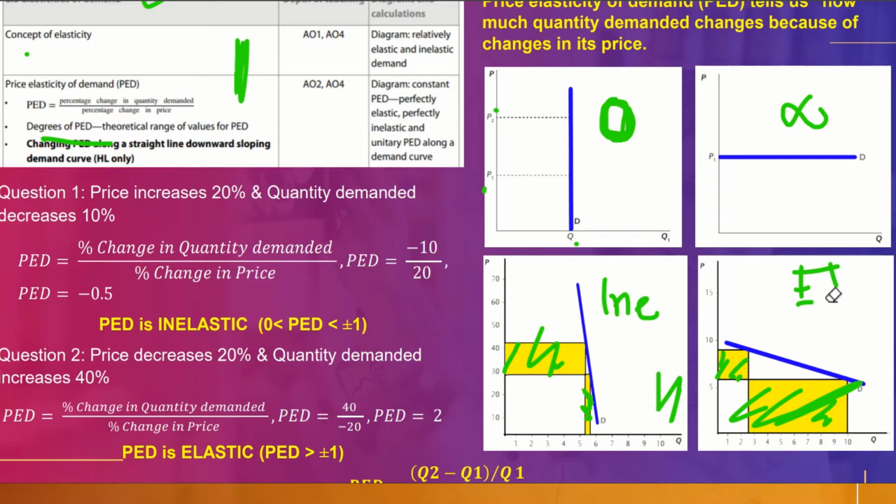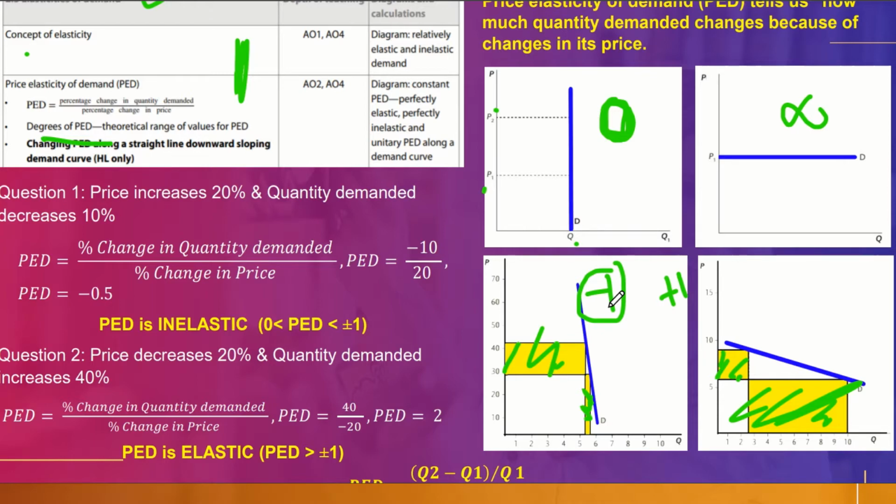And for inelastic demand, the PED value will be between -1 and +1. So that is said to be inelastic. If it is exactly 1, that is unitary.